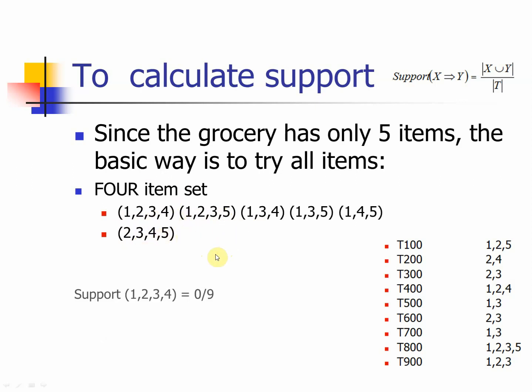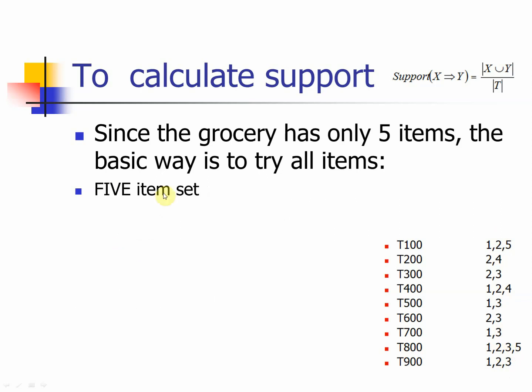In this case, we will also need to check if any of them occur, and we will realize that actually none of these has passed the 4-item set check. Think about this: there's actually only one transaction that purchased 4 items, and since our minimum support is 2 out of 9, there is no 4-item set for us to check.